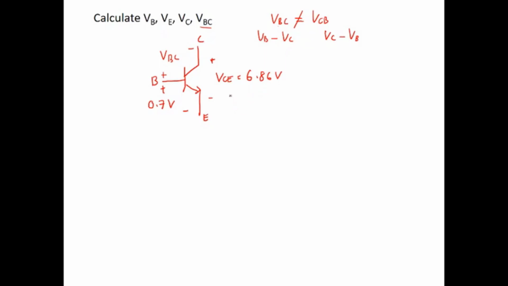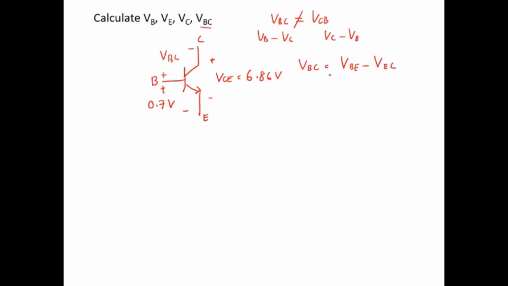So we go back to the question. What is VBC? VBC is actually VBE minus VEC.